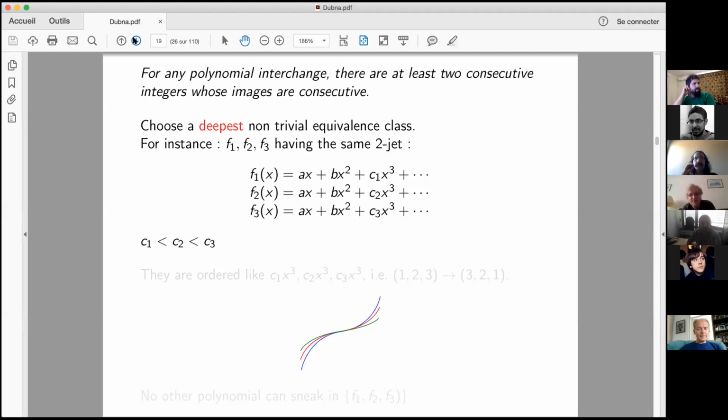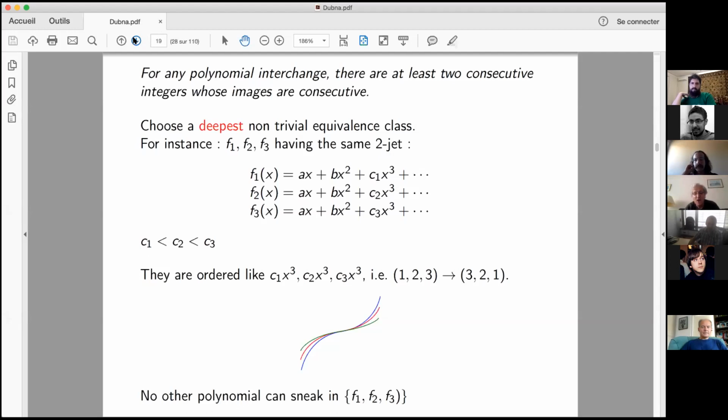And you order the third derivatives, c1 less than c2 less than c3. Then I claim that if you compare these polynomials in the neighborhood of the origin, they are ordered like the main dominant term, c1x cubed, c2x cubed, and c3x cubed. And no other polynomial in the list f1, f2, f3, f4, f5, f6, f7, no other one can sneak in between, because this is the lowest level.